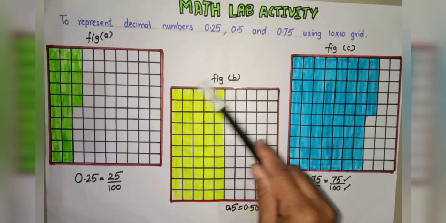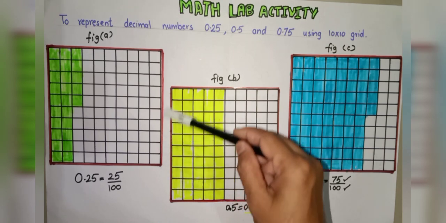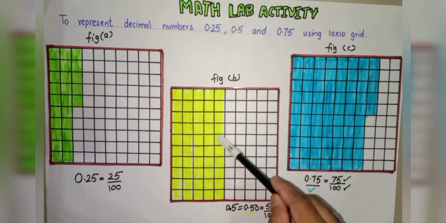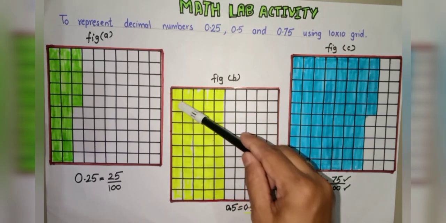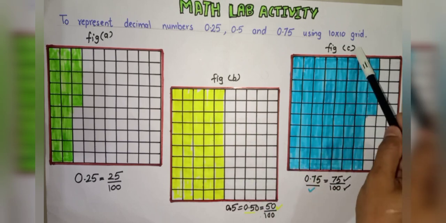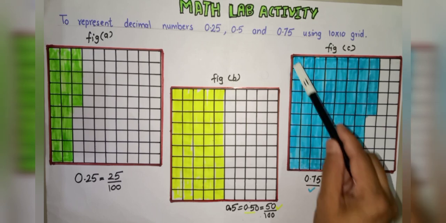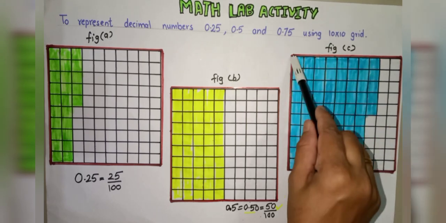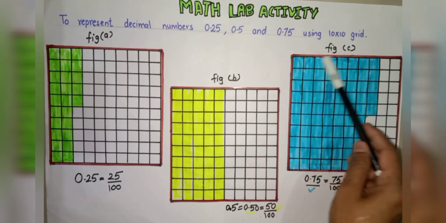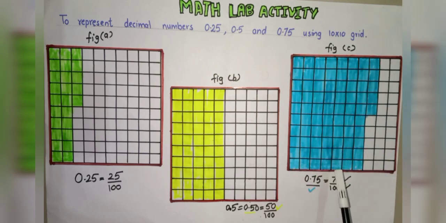That means out of 100 square units, 50 are shaded. And figure C represents the decimal number 0.75. That means out of 100 square units, 75 squares are shaded. Understood, children? So we finish this activity over here.